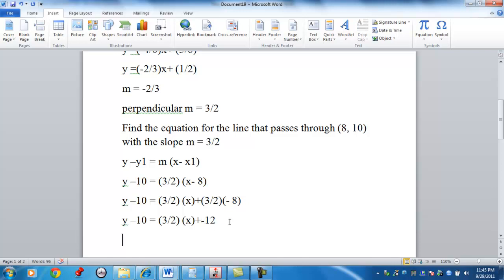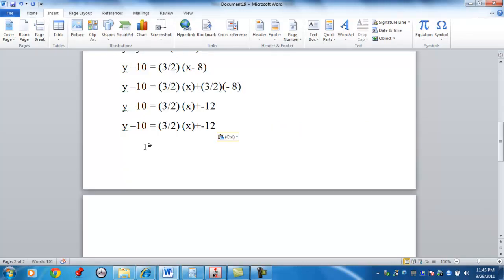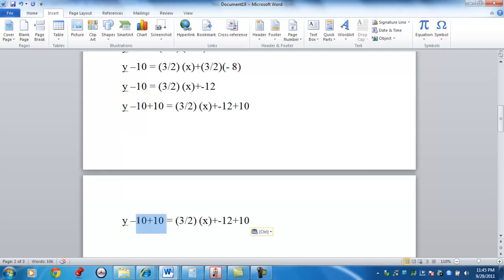The next step to solve for y is to add 10 to both sides. So I add 10 to the left side, and add 10 to the right side. When I do that, the 10s will cancel out.